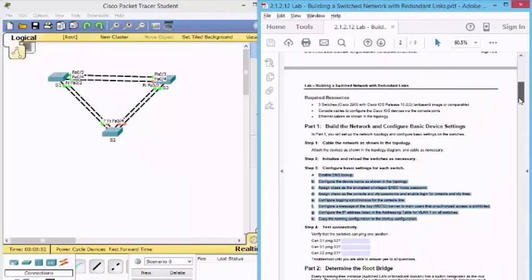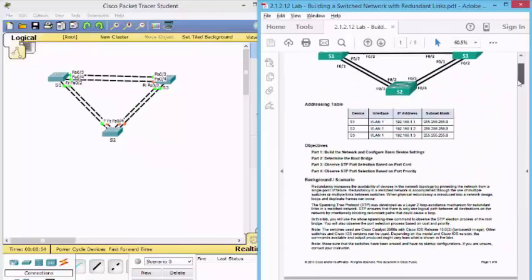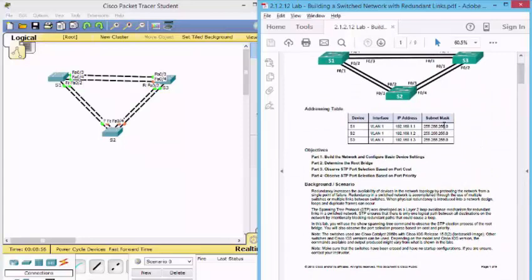First, let's go to the addressing table. We see here that switch 1 VLAN 1, switch 2 VLAN 1 all have an IP address and subnet mask. Now why VLAN 1? VLAN 1 is also the native VLAN. By default, any traffic that is untagged, meaning not coming from any VLAN, goes to the native VLAN.